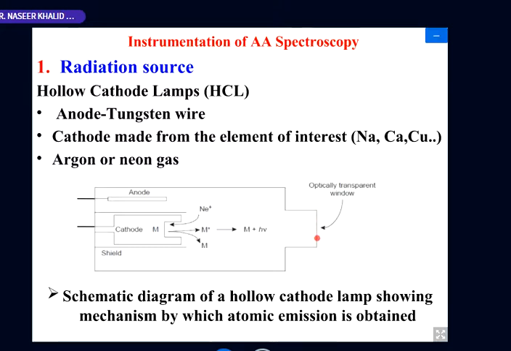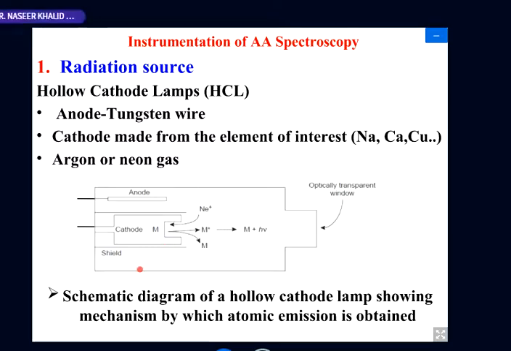So we say that this is transparent. When, for example, IR radiation is passing, when we say the IR is optically active, it means that the IR radiation will not be interacting with the material of this window. So it is an optically transparent window. It is quartz. For example, quartz is transparent to the whole UV visible region.